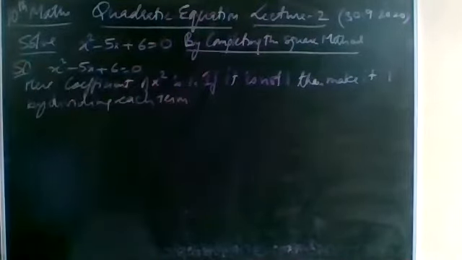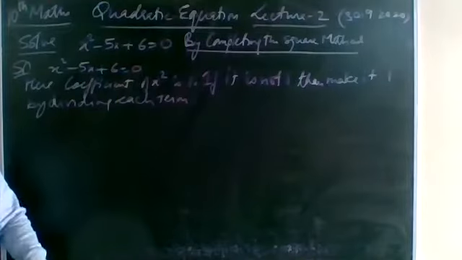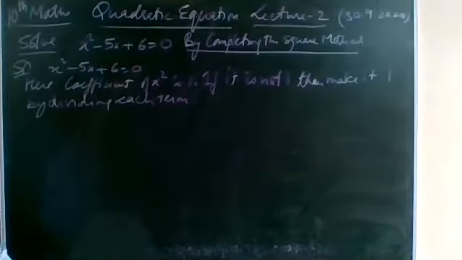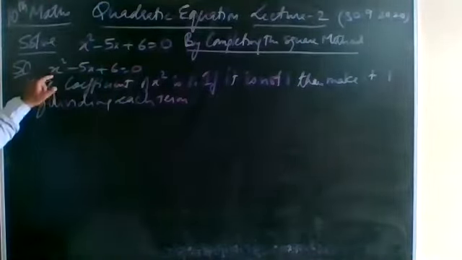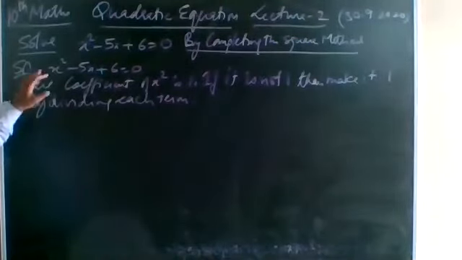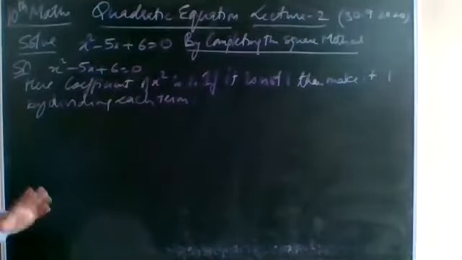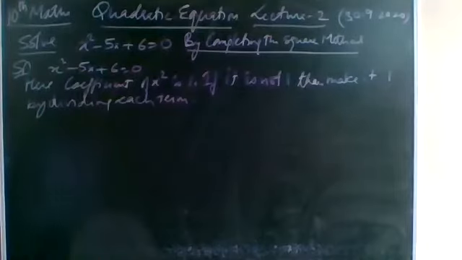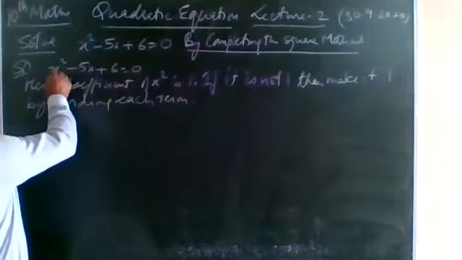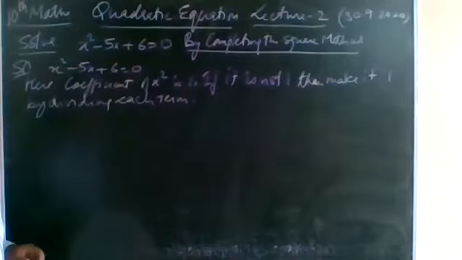This is a very important thing to remember: the coefficient of x square should always be 1. If it is not 1, make it 1. Then the question will start. In the completing the square method, this LHS you have to convert into a minus b whole square or a plus b whole square.